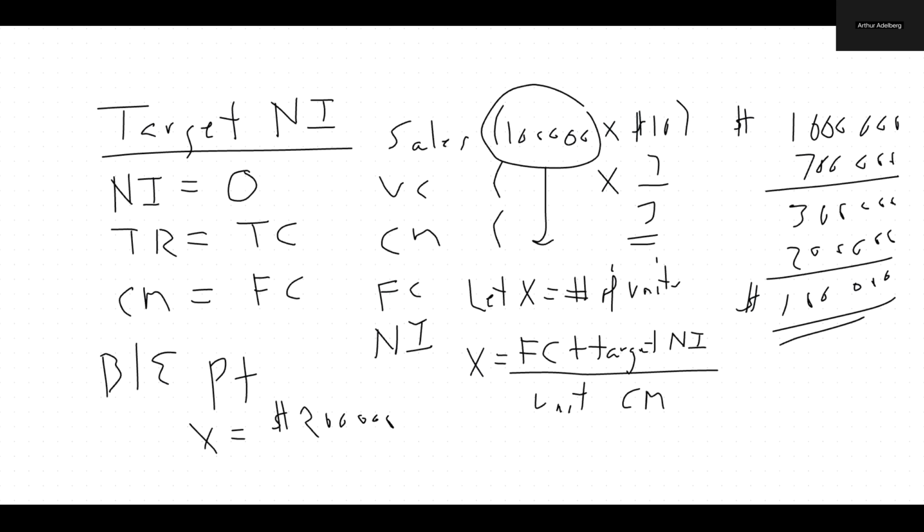How much is the target net income if you're at the break-even point? What do you want to earn as your net income at break-even? What's your answer? What's your target net income? Right. Because break-even has a net income exactly equal to 0.